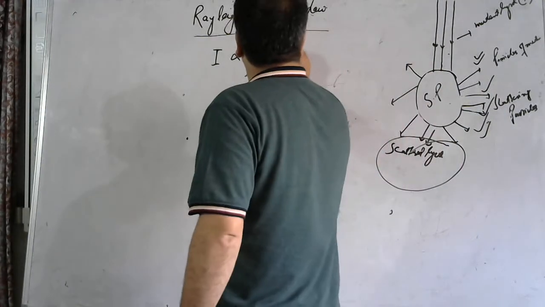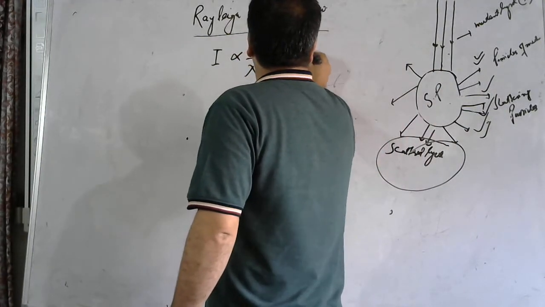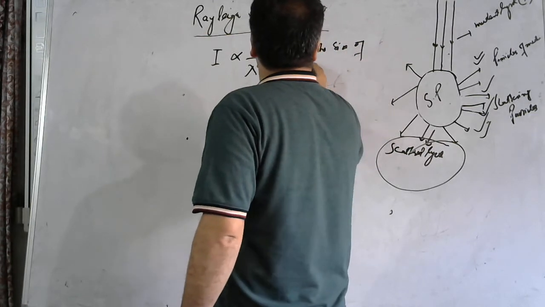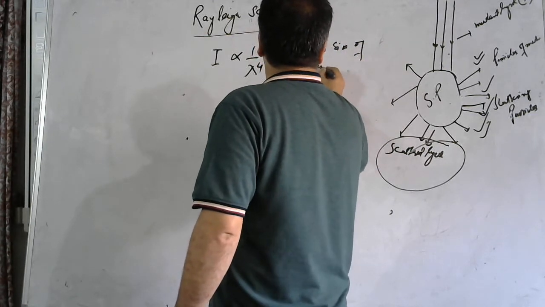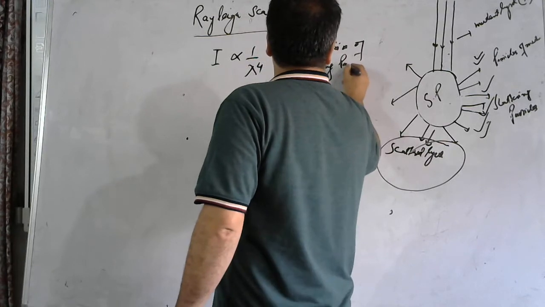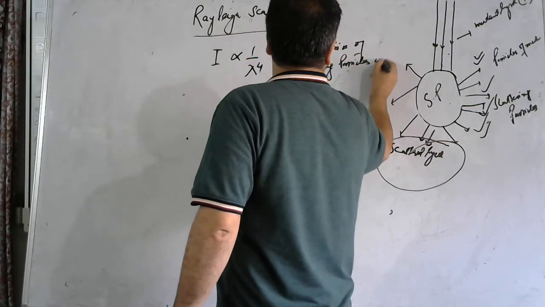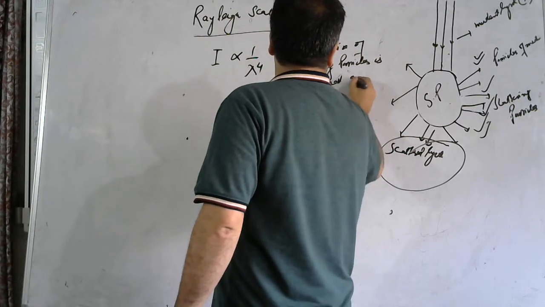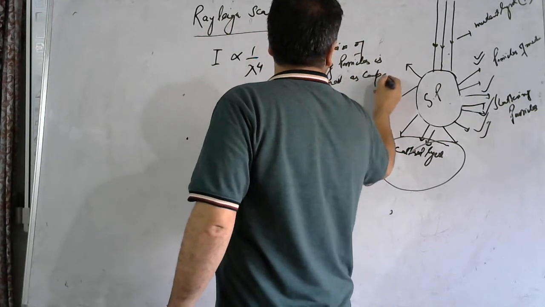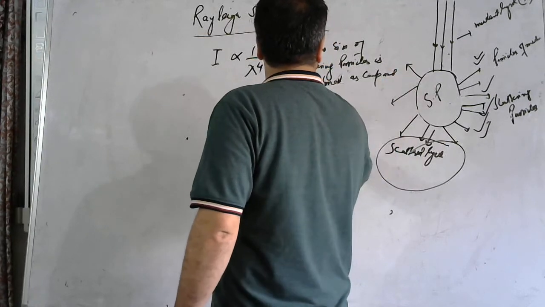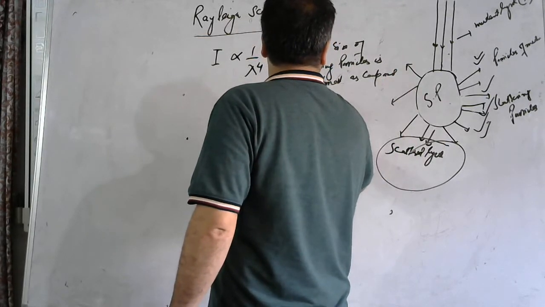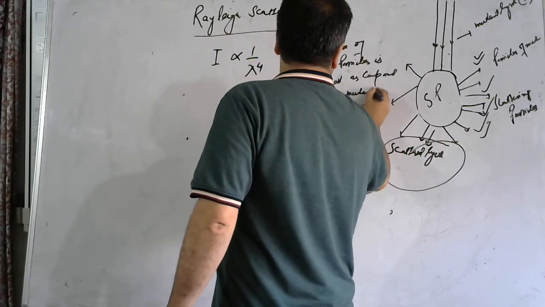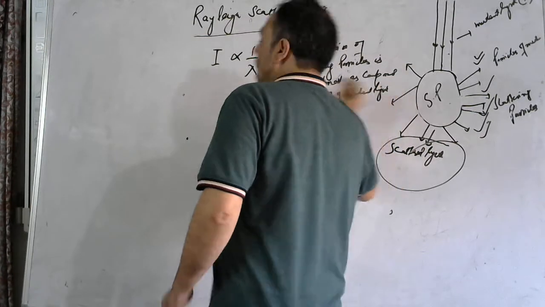Provided, यहाँ कंडीशन दी गई है, the size of scattering particles is very small as compared to wavelength of incident light.